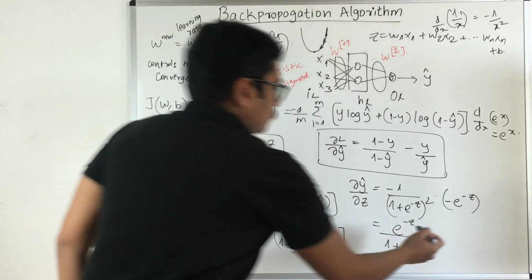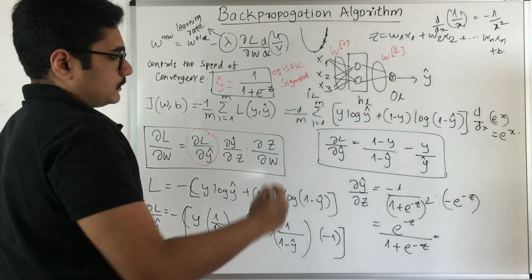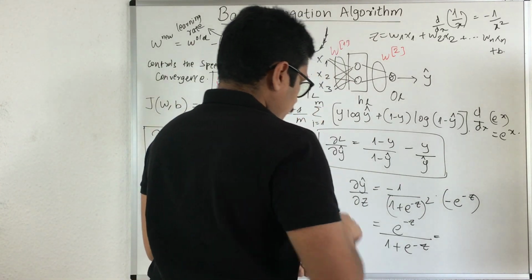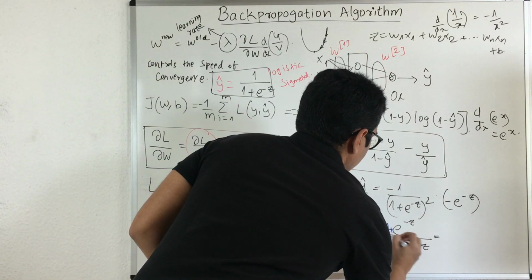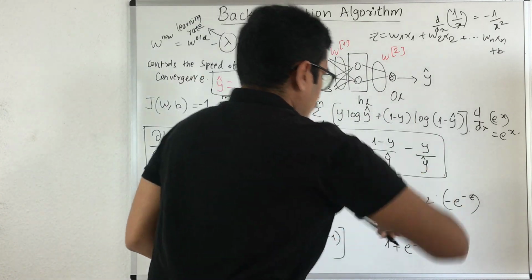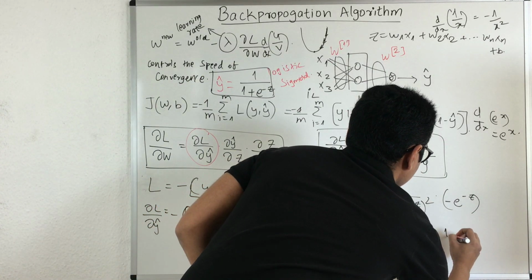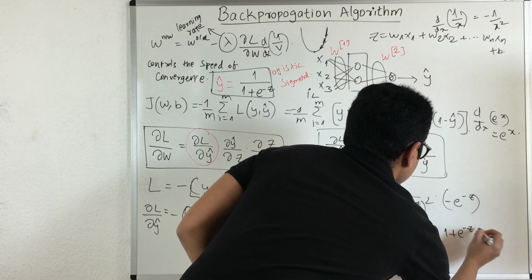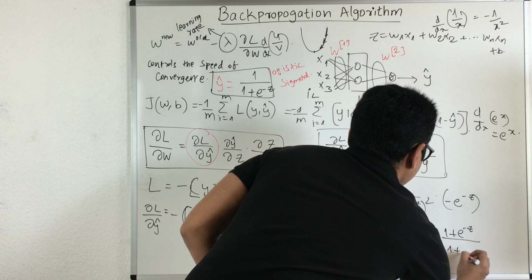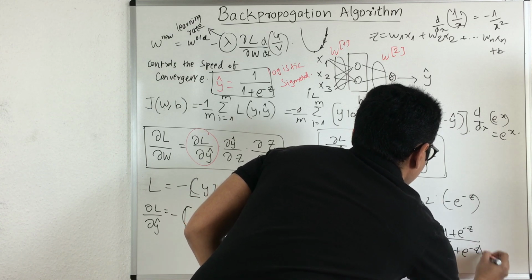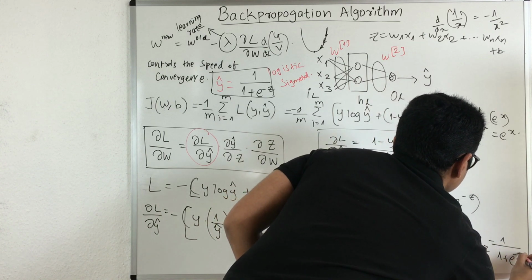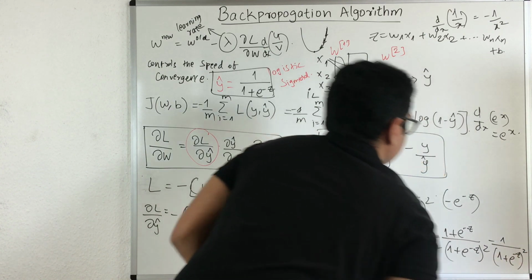Now we need to adjust this particular numerator such that we can reduce this. So what we do is we add a plus 1 and minus 1. So what our equation reduces to is 1 plus e raised to minus z, this is a square, upon 1 plus e raised to minus z square, minus 1 upon 1 plus e raised to minus z square.